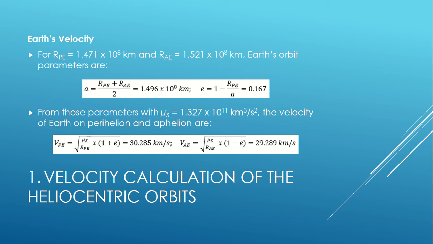For perihelion, with this equation, we get 30.285 km per second, and we also get a velocity at aphelion of 29.289 km per second.